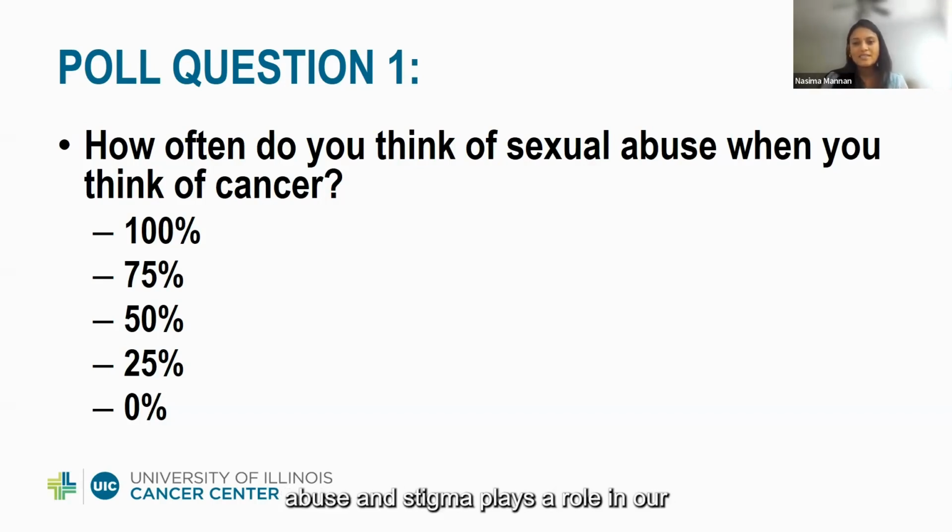Sexual abuse and stigma play a role in our cancer screening. When we talk about stigma, there is the thing of, I don't want anything going in my butt. You can't let someone touch your boobs other than your partner. They're going to put something in your vagina. Don't let them do that.